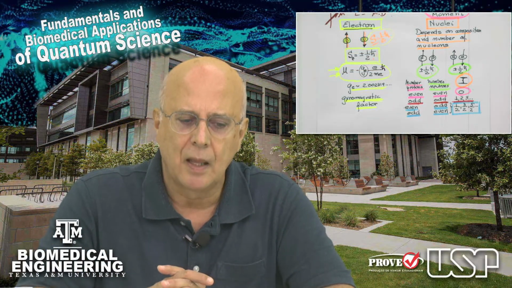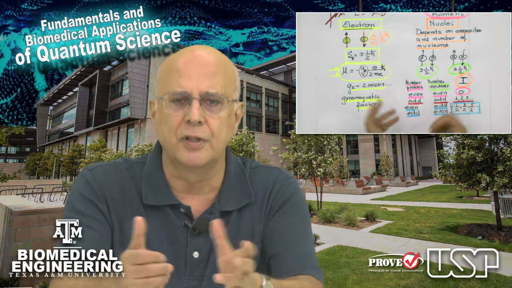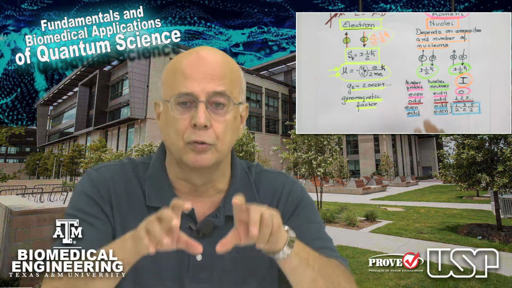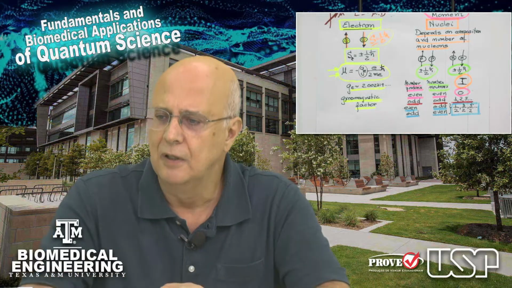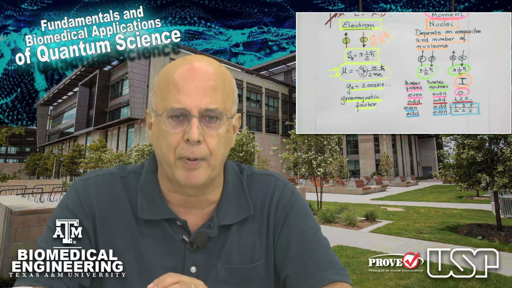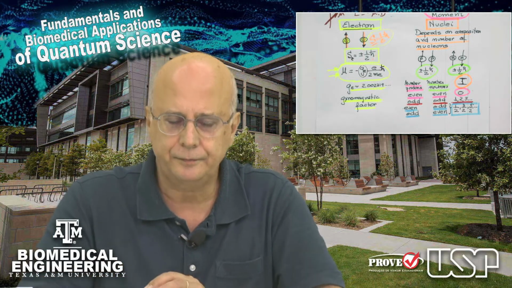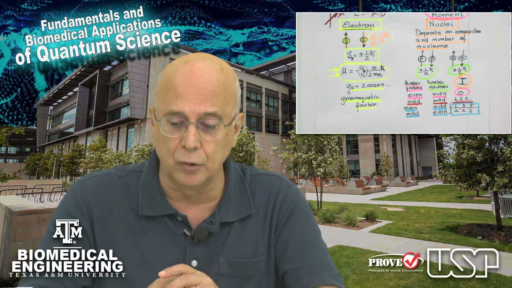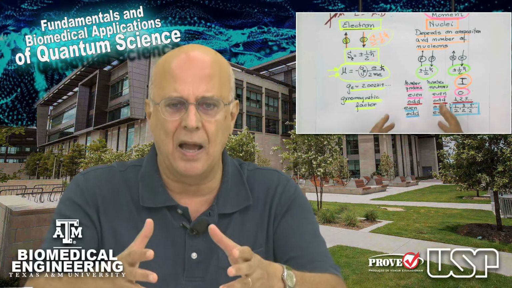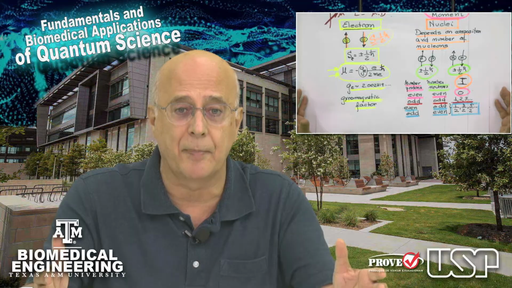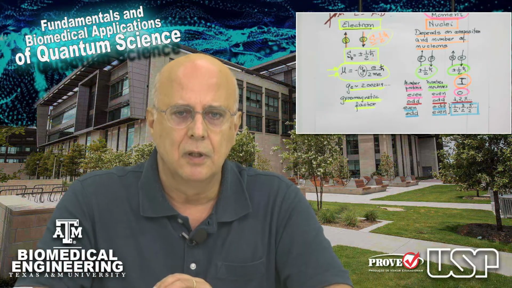So you see, the matter is not only constituted by charge, it's also constituted by those spins that give a very interesting magnetic property to the system. And what we're going to do now is apply a magnetic field to see what happens to this structure.